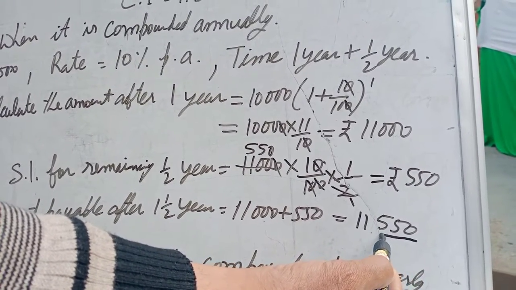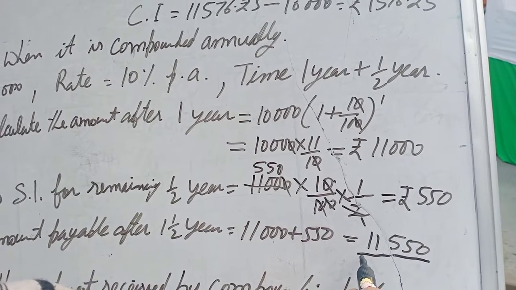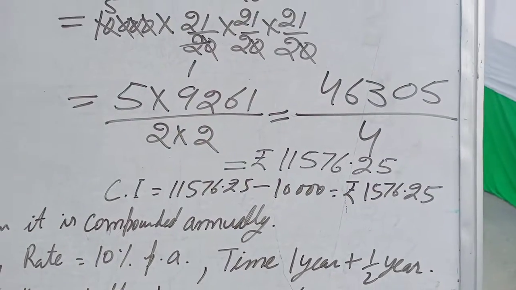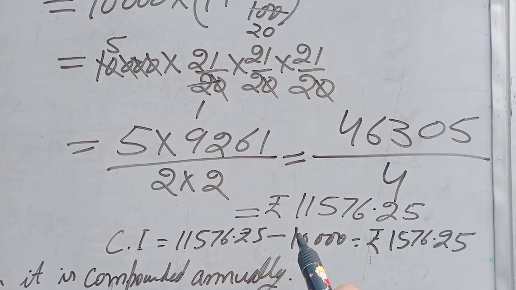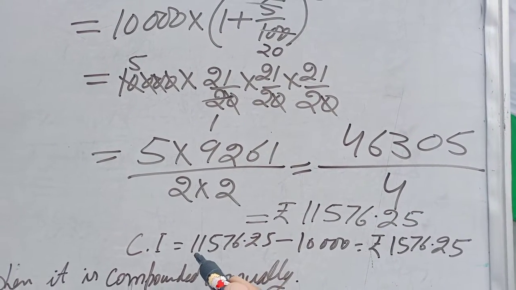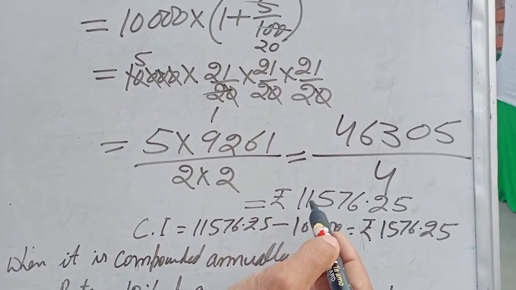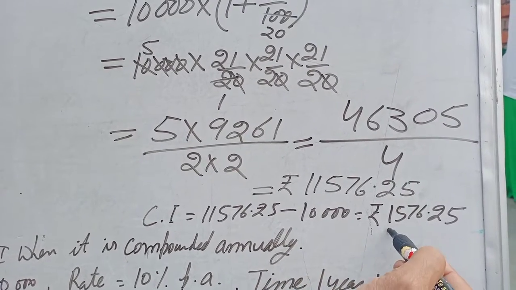Amount payable after 1.5 year when it is compounded annually is this much, and when it is compounded half yearly, the amount is this much and compound interest is this much.